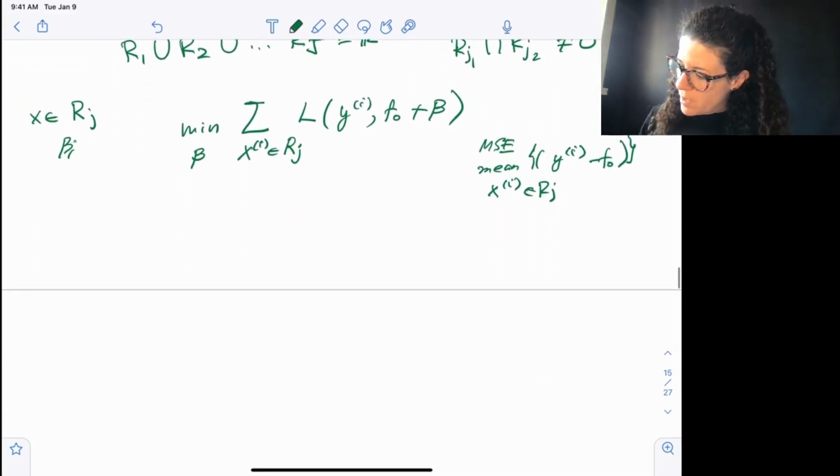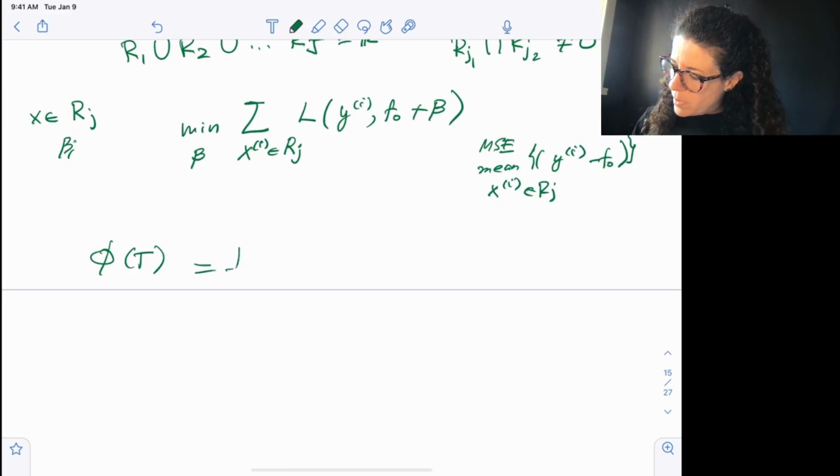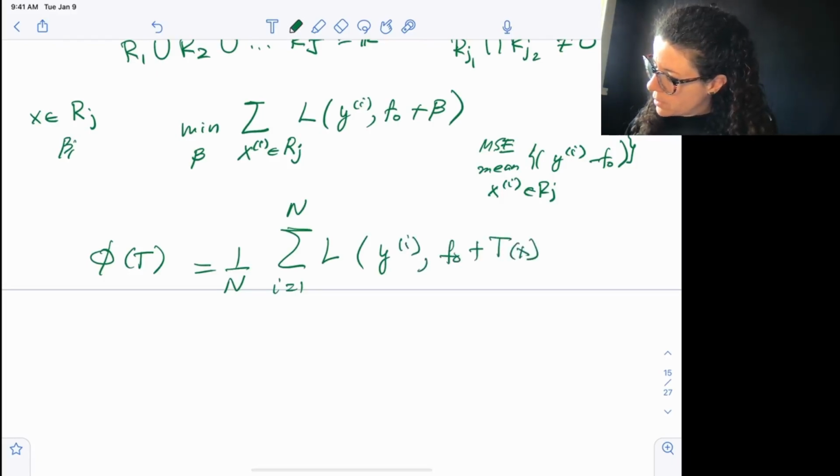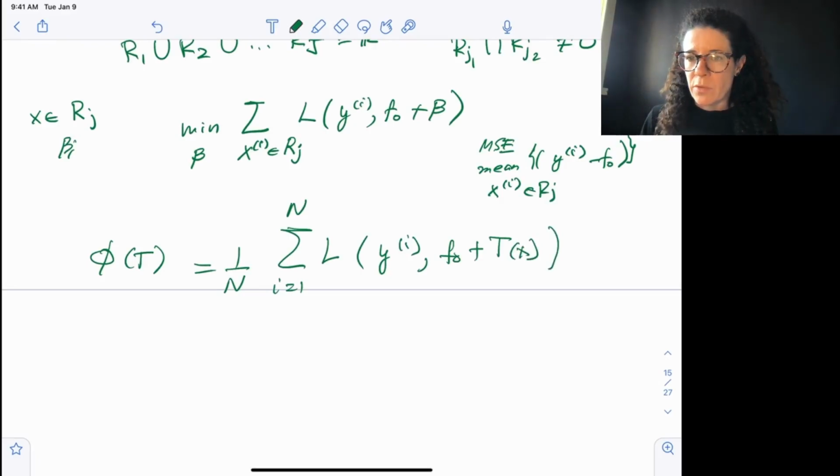So far what we have is phi of t being 1 over n, sum of i equal 1 to n of L of yi, comma, f0 plus t of x. So we were trying to minimize this with respect to t, and to recap, we went through a couple of steps.